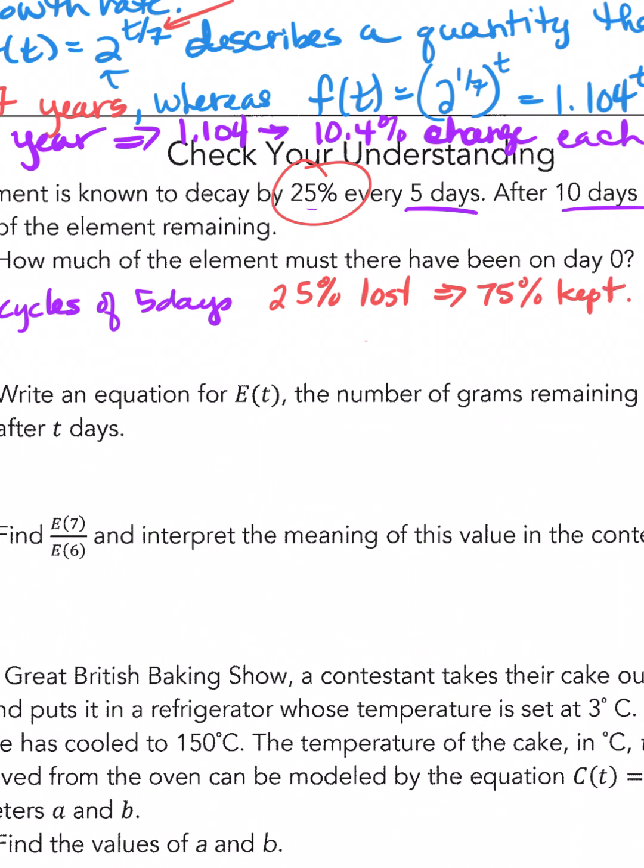So let's think about this the right way. We're going to start with some amount, and we're going to keep 75% of it. And then multiply by 0.75 again, and we end up with 45. So how do we do this to solve?